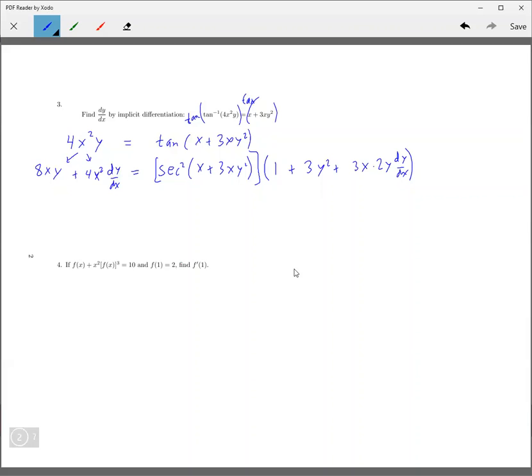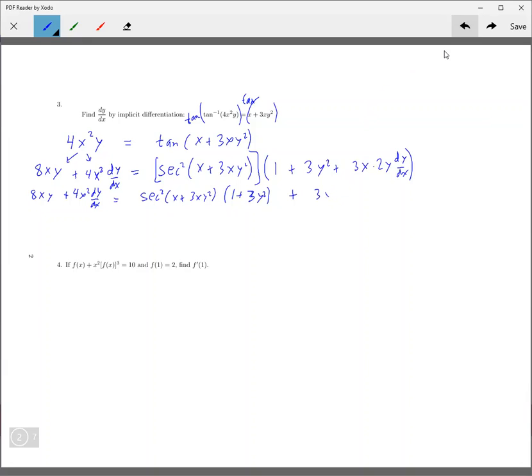Dang, I should have saved a lot more space. Oh well. So what I'm going to do is go ahead and expand this out. So this is secant squared of x plus 3xy squared. Now I'm going to split this up into this one plus that one.